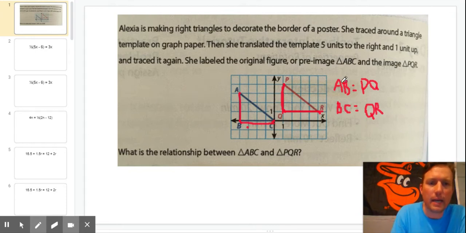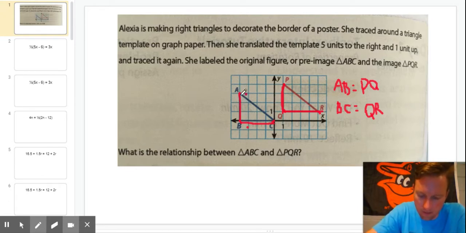Now, line AB measures 1, 2, 3 lengths on this graph. So it would be 3 boxes in our grid, so it would be 3. And line BC would be 1, 2, 3, 4. It would be the length of 4. In this case, we don't know the measurement, but it would be units, so 4 units.